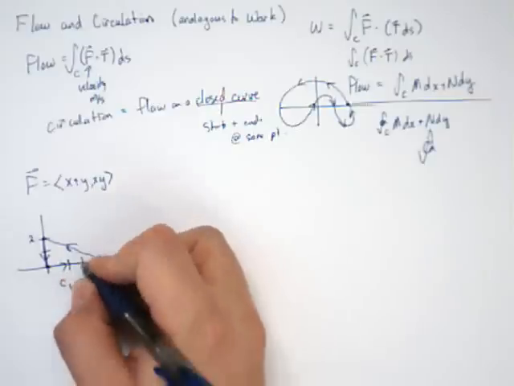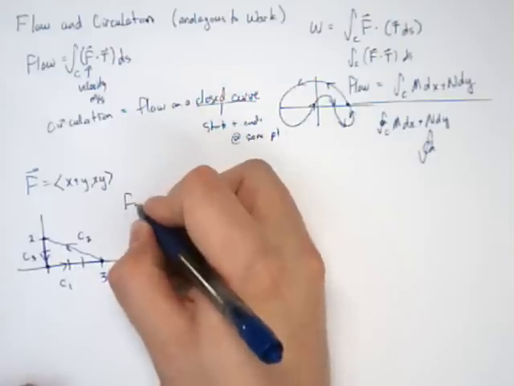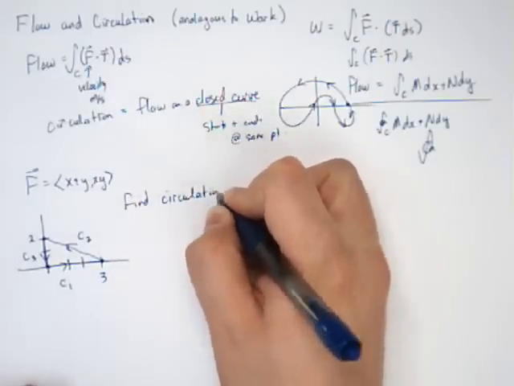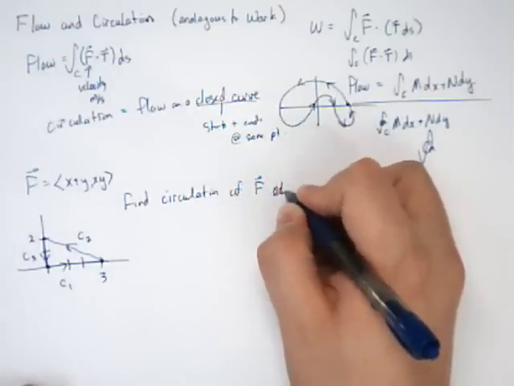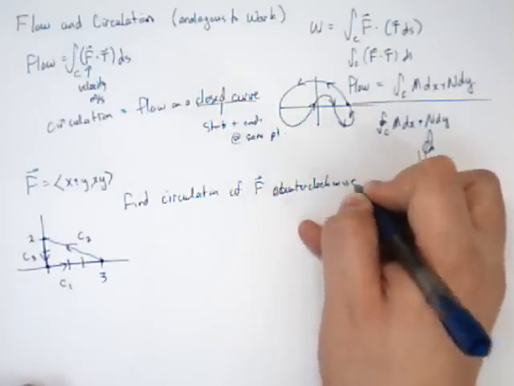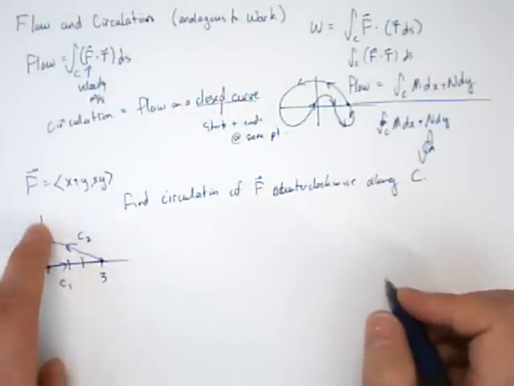That's 3 curves, actually. We've got a C1, a C2, and a C3. Let's find the circulation of F counterclockwise along C, which is the union of these 3 curves.